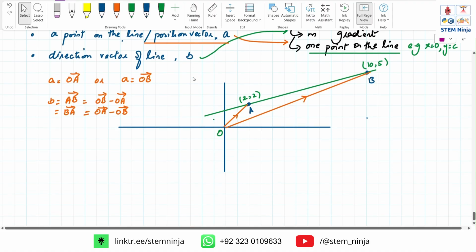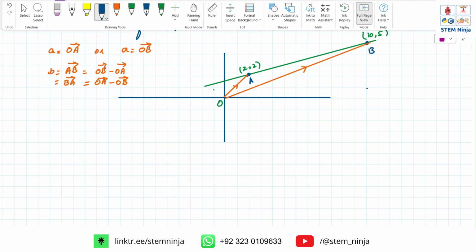Okay, so let's figure this out. OA is 2i plus 2j, and OB is 10i plus 5j. And again, this could be written in a column vector also. So AB could be written as OB minus OA.